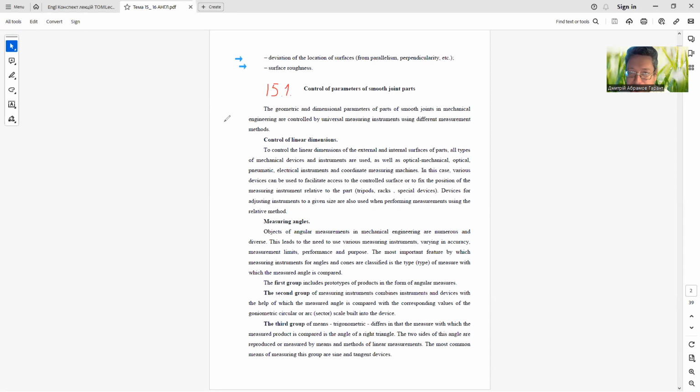The geometric and dimensional parameters of parts of smooth joints in mechanical engineering are controlled by universal measuring instruments using different measurement methods. Control of linear dimensions.